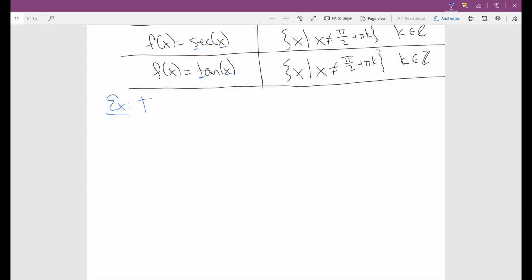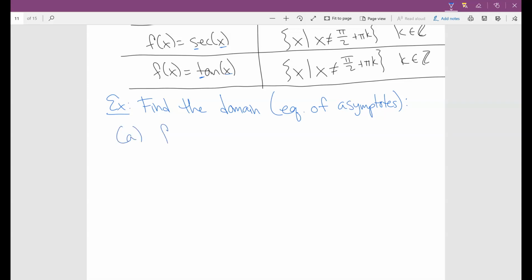So I want to find the domain. And remember that finding the domain is basically the equivalent of finding the equation of asymptotes. When we're doing the domain, it's always going to be in set-builder notation.